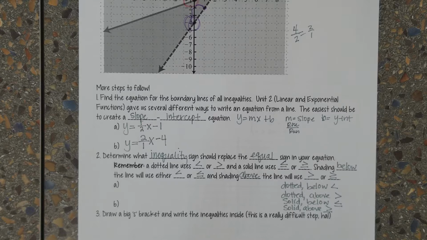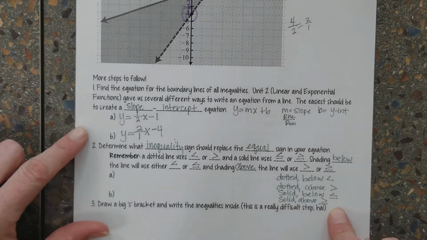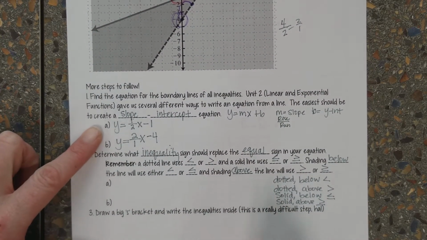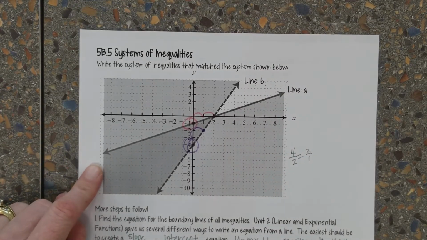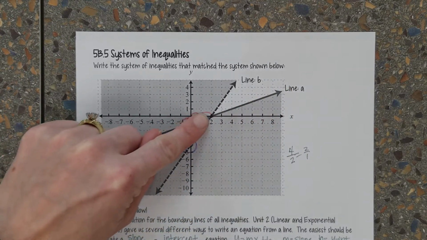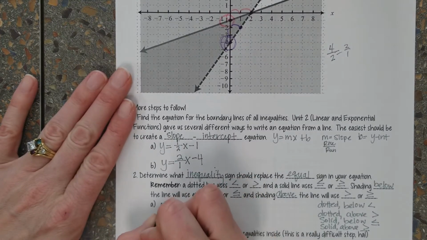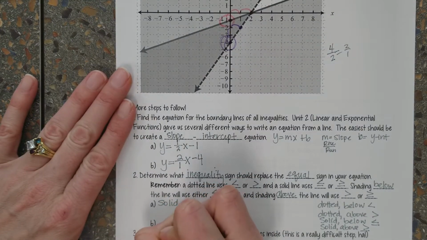Okay? So now what we need to do is take our equations that we wrote in step 1 and change those to inequalities by switching out the equal sign with one of these that we just wrote. Okay, so this first one, A, looking up here at this line right here, we can see that it's solid, first of all, and the shading is below the line. So we have solid and below.